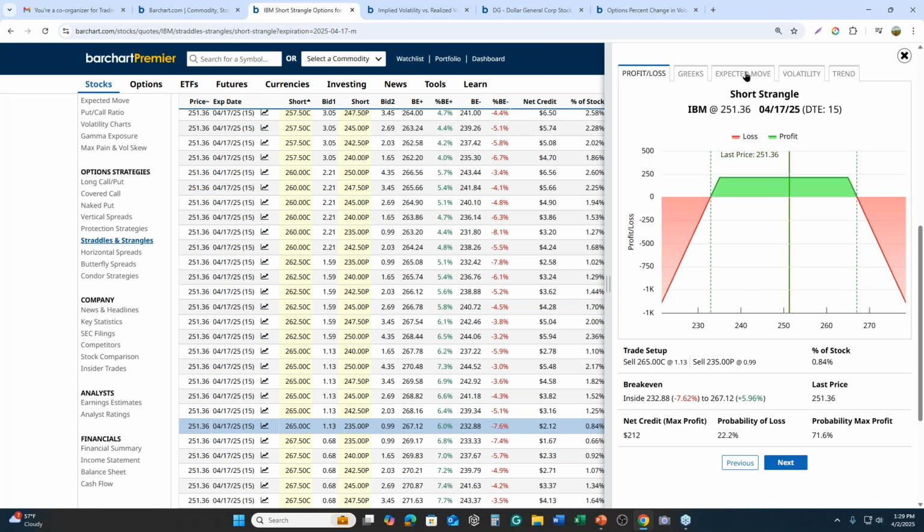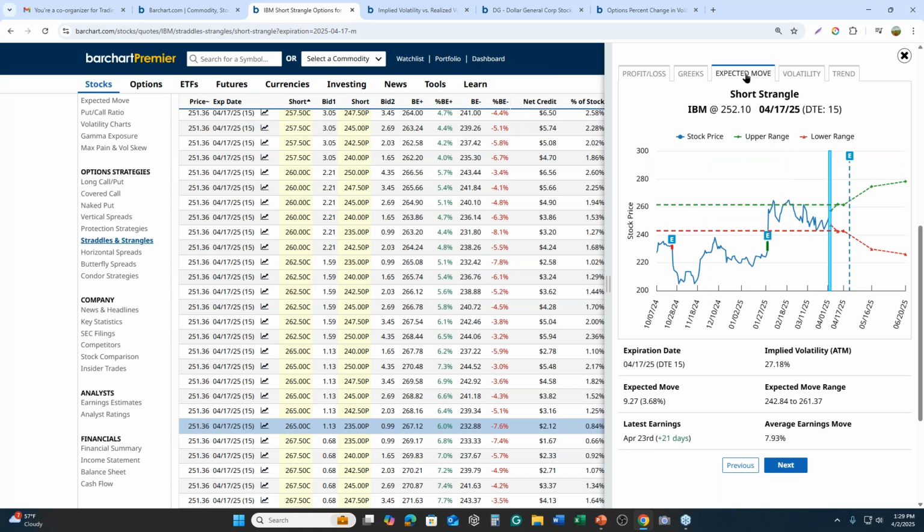Now let's look at the expected move. Well, what's another word for expected move? Implied volatility, right? And I can move my cursor over here till I get to the April 17th, but you can just look down below here, and we can see that our expected move is about $9.27.